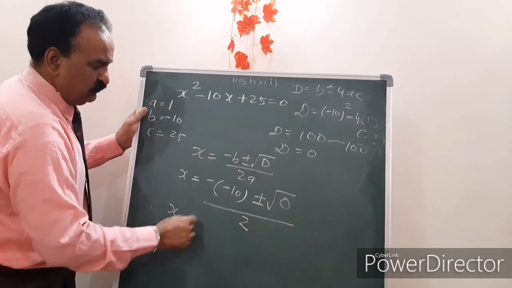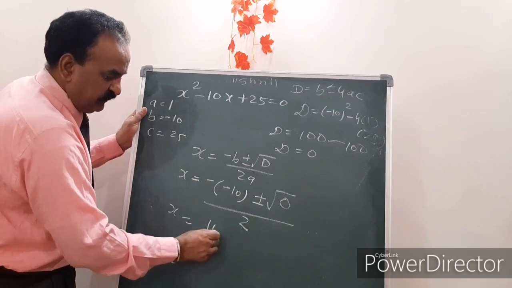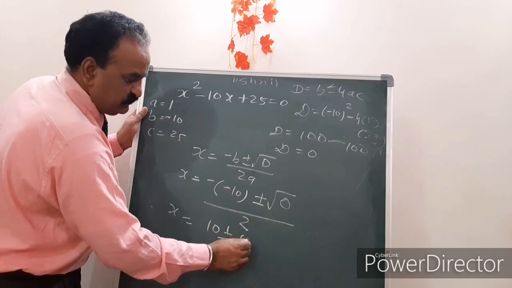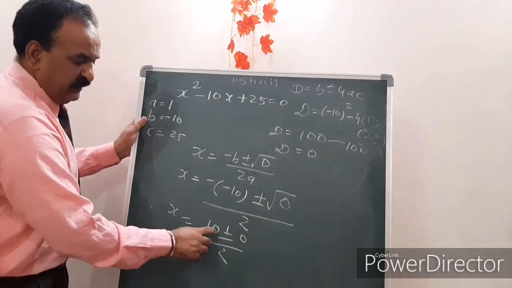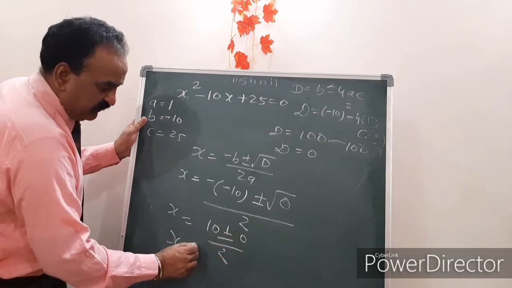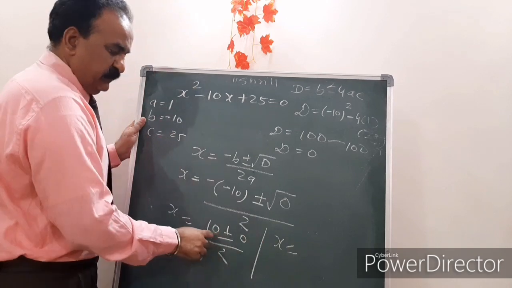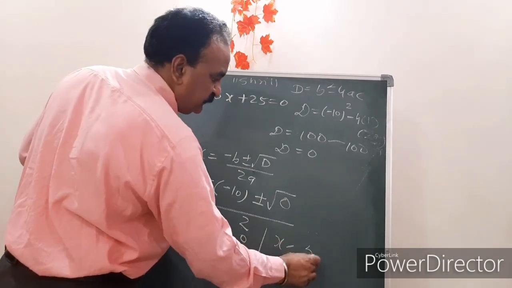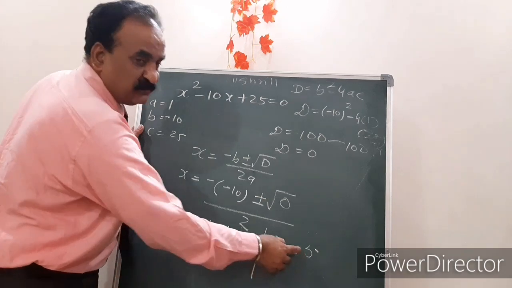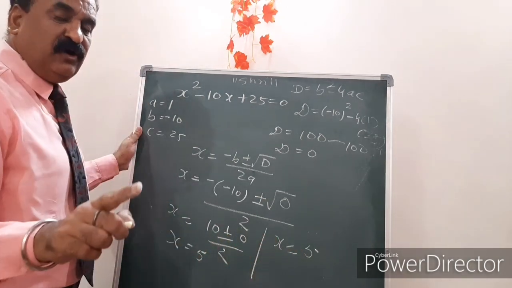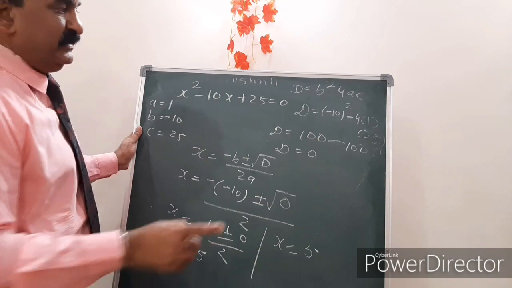So x is equal to minus minus become plus, so 10 plus minus 0 upon 2. It means x is equal to 10 plus 0, which means 10 upon 2, means 5. And here x is equal to 10 minus 0 upon 2, which means again 5. So x is equal to 5, x is equal to 5. It means D is equal to 0, roots are real and equal.